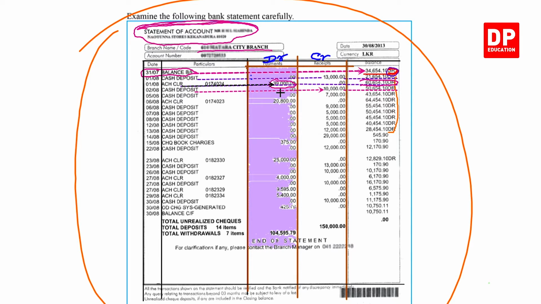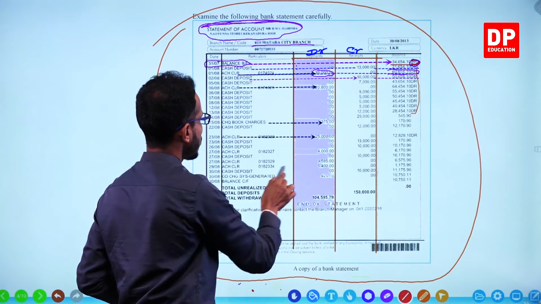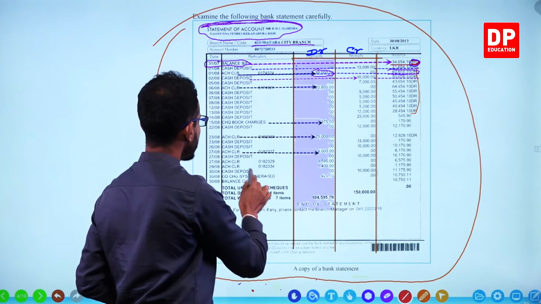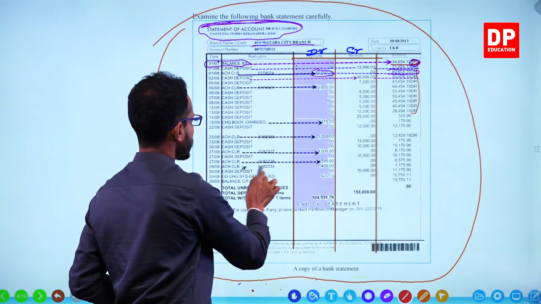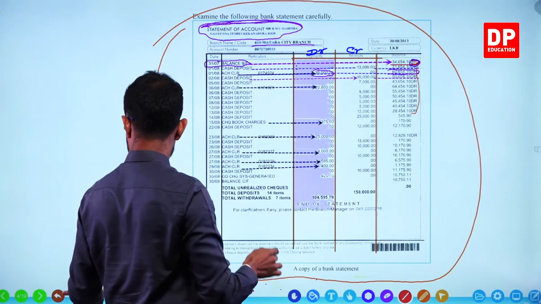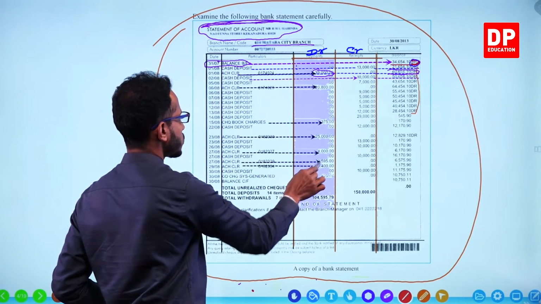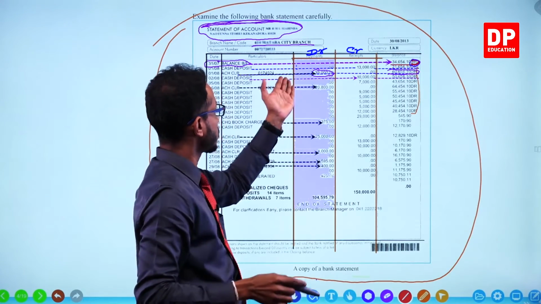It's in the debit side. There's another payment, 20,800. It is also in the debit side. Checkbook charges, another payment. All the payments are in the debit side. So cash going out is debited in the bank statement.